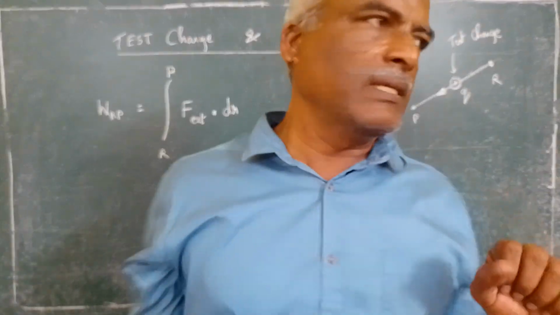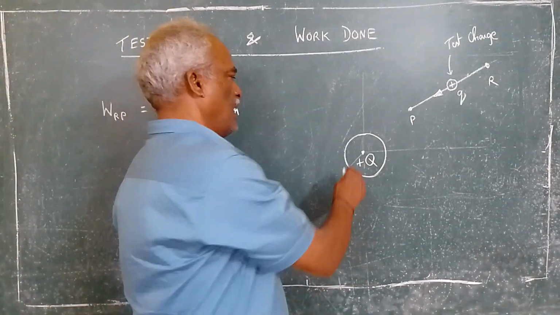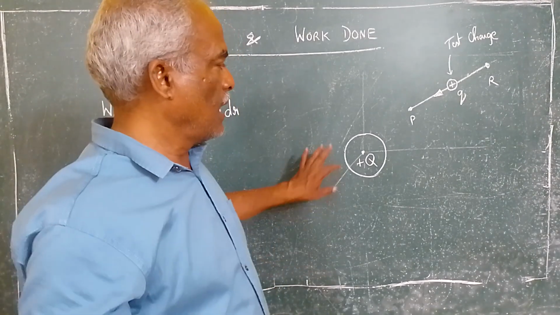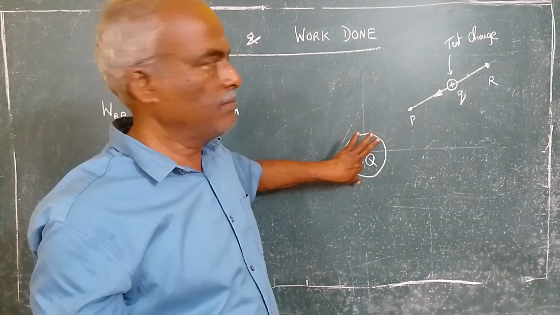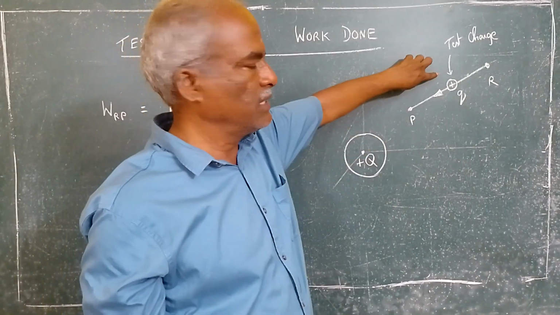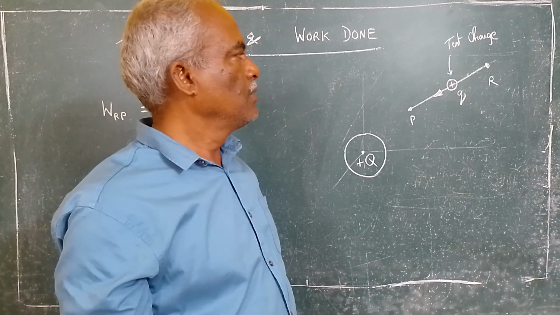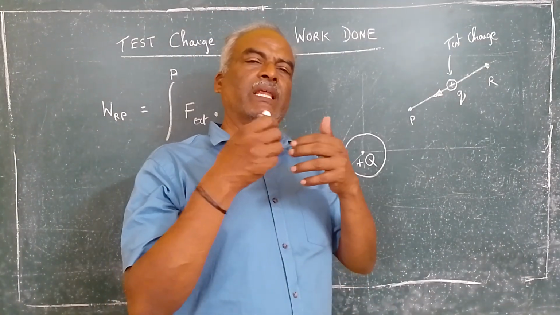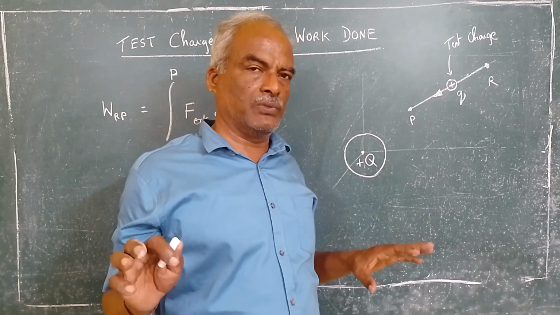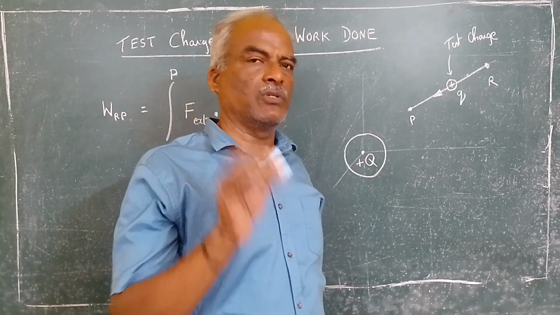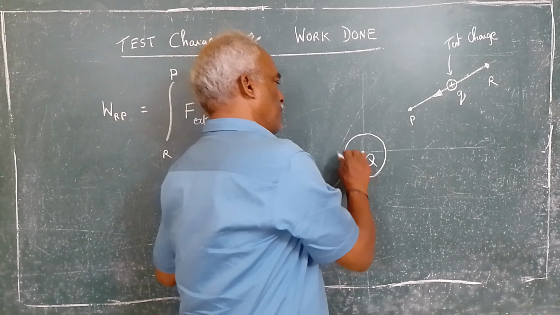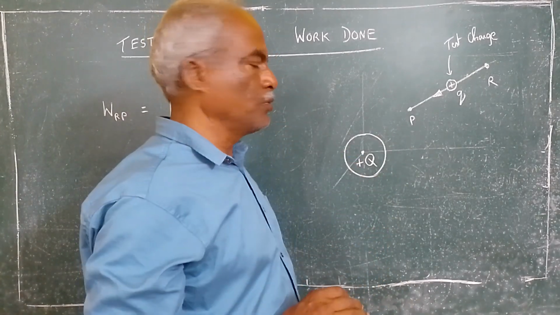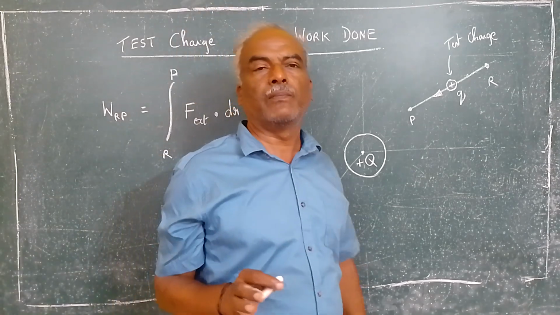To understand this, assume we have a positive charge at the origin and then you have a test charge. Both are positive, so it experiences a repulsive force. What you have to assume is this plus q will not change its position or electrical field properties.